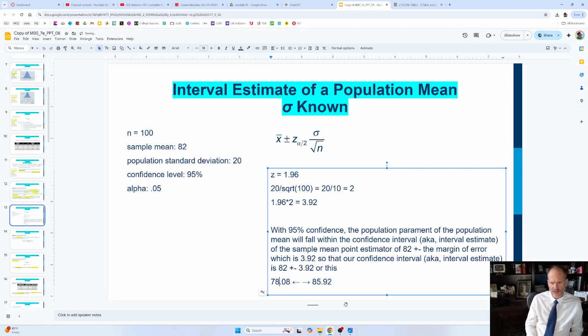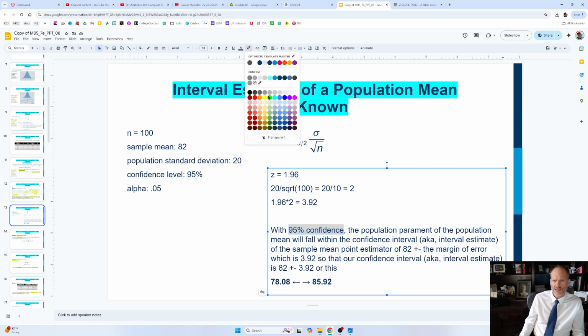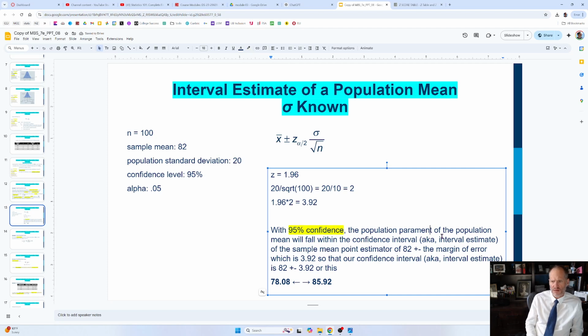So that is our confidence interval or interval estimate. And with 95% confidence, I'm going to highlight some of these phrases. With 95% confidence, the population parameter of the population mean will fall within the confidence interval, aka the interval estimate.